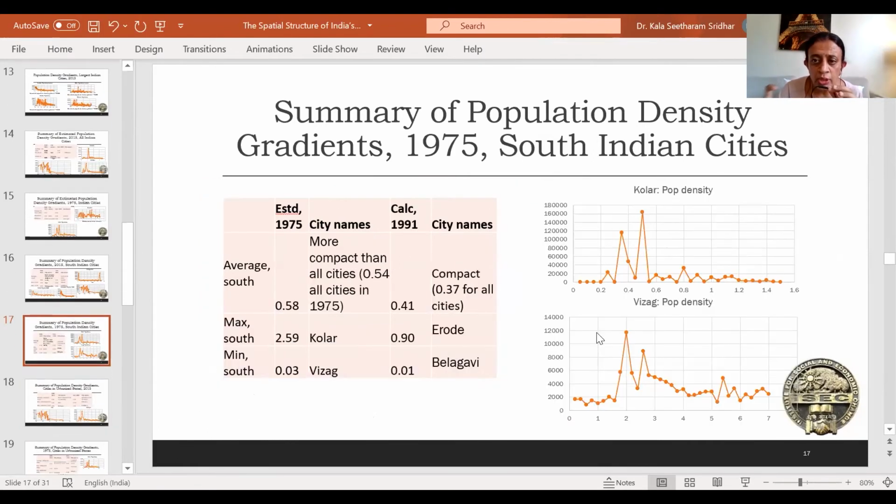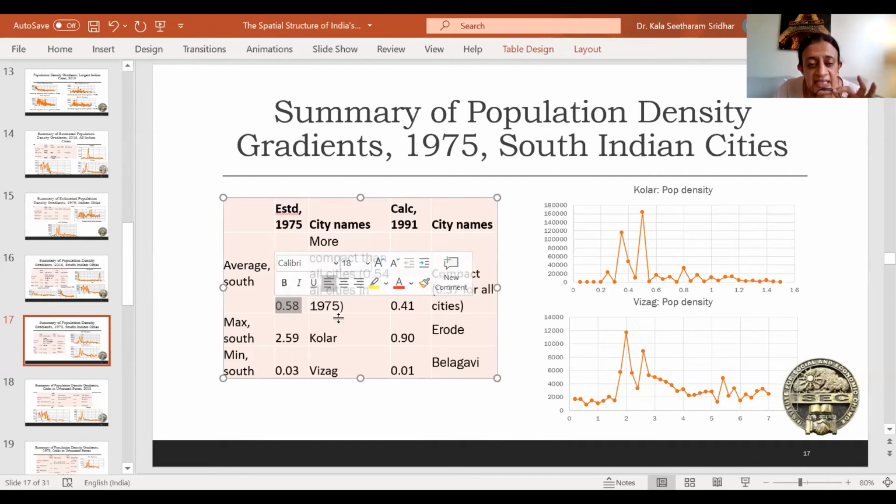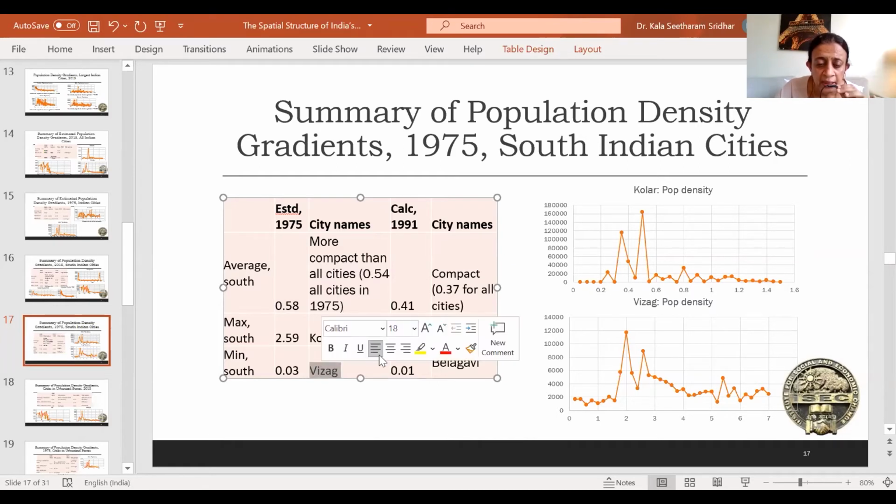What we want to do is look at what happens for South Indian cities in 1975. Even in 1975, they were more compact compared with the all India counterparts, as may be seen in this average value of the estimated density gradient. And you find that Visakhapatnam, which is a coastal city on the eastern part, was the most suburbanized.